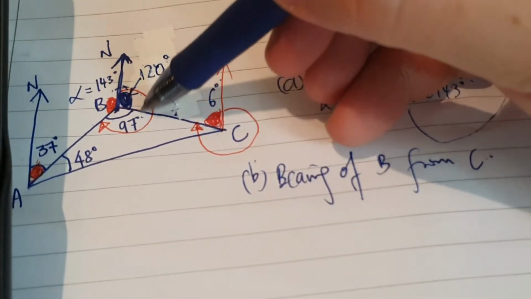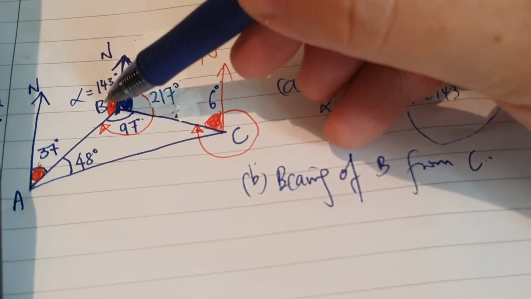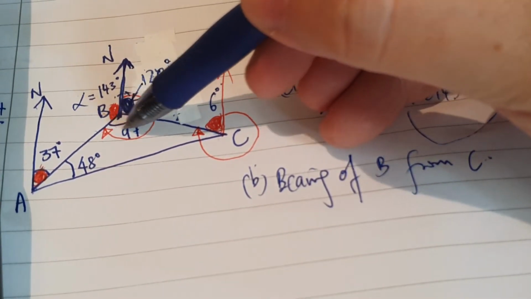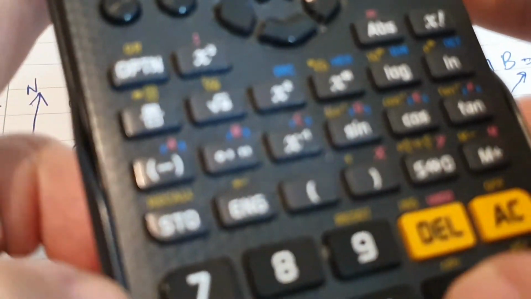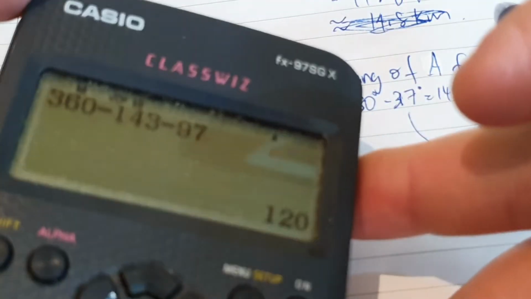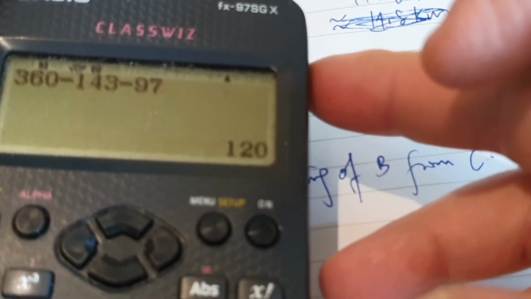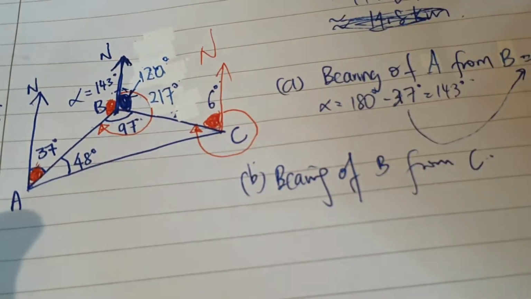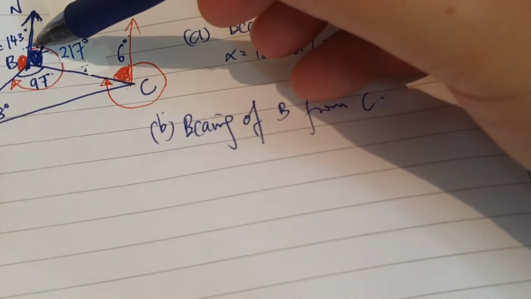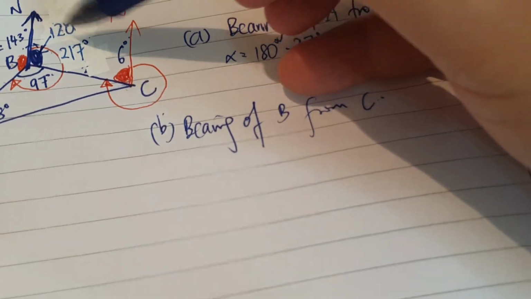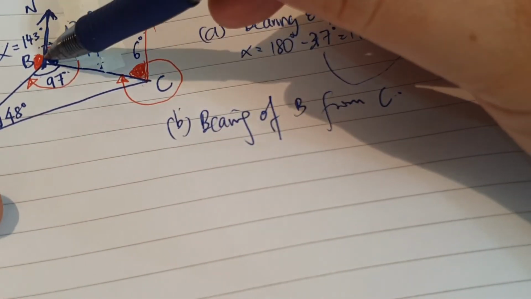I can take 360 minus this red one minus this blank one. So you see there are many ways to arrive at this answer. That's what I did just now to find out whether I made any careless mistakes or not. So this is 120. Don't get confused: the 217 is the big one, which is the answer for here, and this blue one is just this angle here.